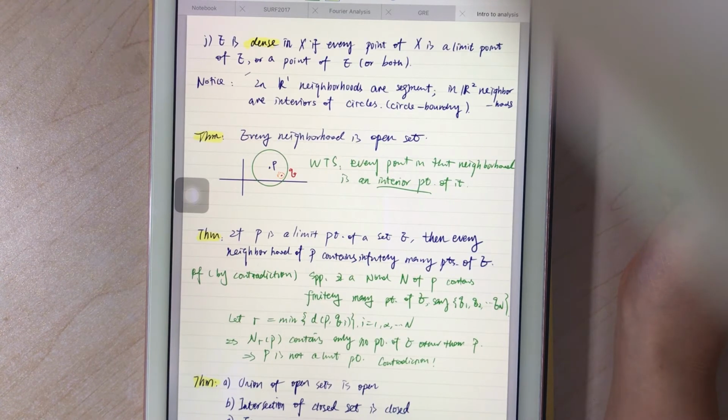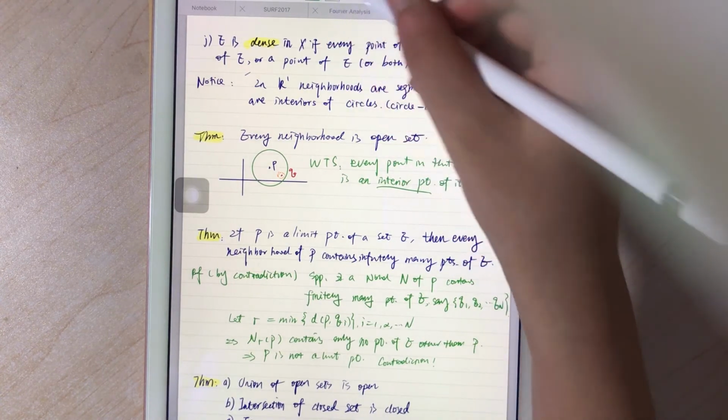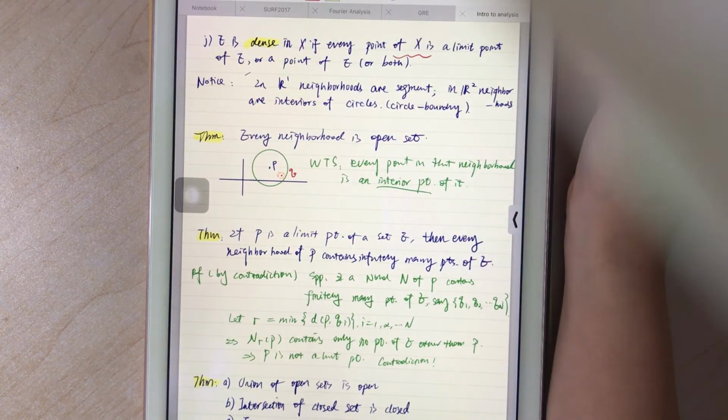So if a set E is dense in X, that is to say every point in X, pay attention here, every point in X is a limit point of E or is a point of E. This is actually a very strong condition, because every point of X must either lie in the subset E or be its limit point.